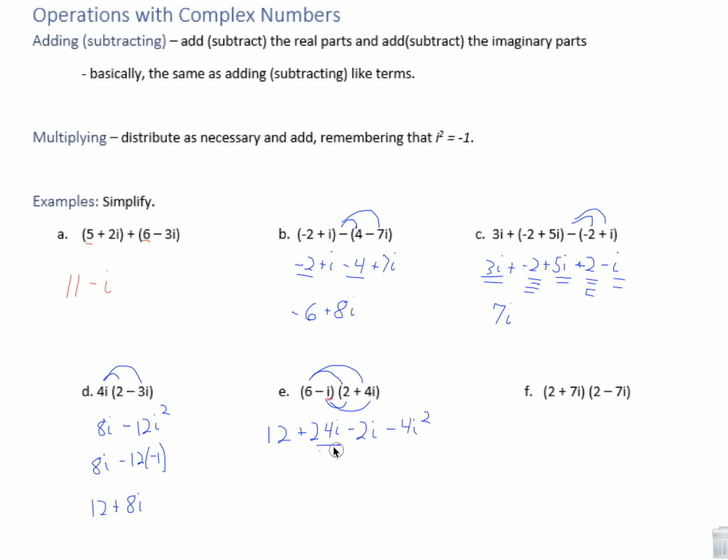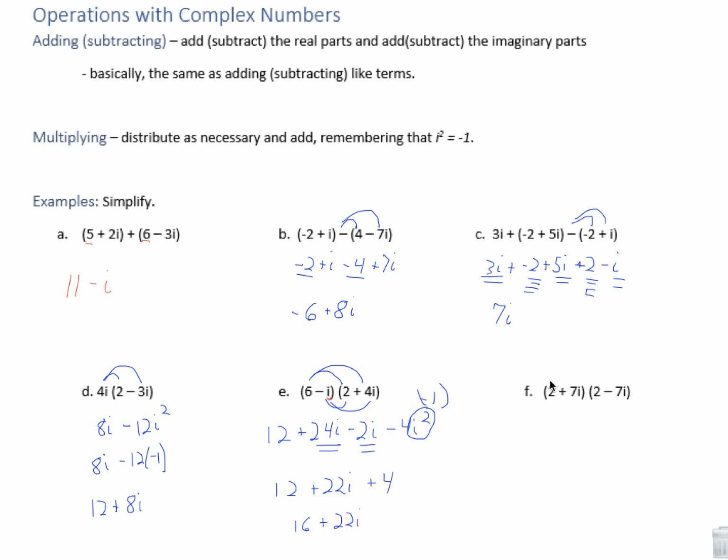We have a couple like terms here, so we can add those. So we have 12, we have 22i, and remember i squared is equal to -1. So if we have -4 times -1, that's plus 4. And now we see we can add these: 16 plus 22i.